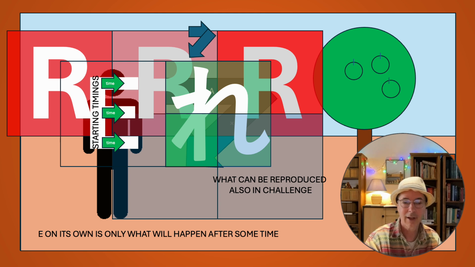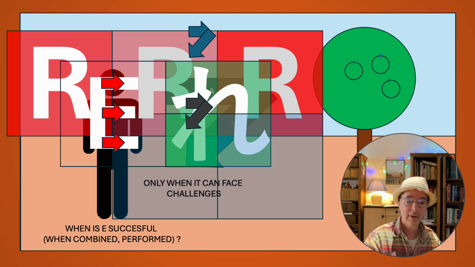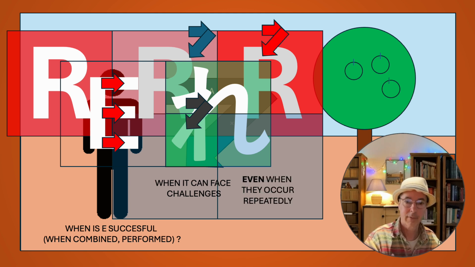Not just that a time process is started, but also it is only successful when it can face the challenge that something will change from the process. And then the change itself is not just once, it's a repeated occurrence that things are in a changeable condition. So the timing with e is not about, okay, I have something to reach and I will reach it, and once I reach it, it's gone.